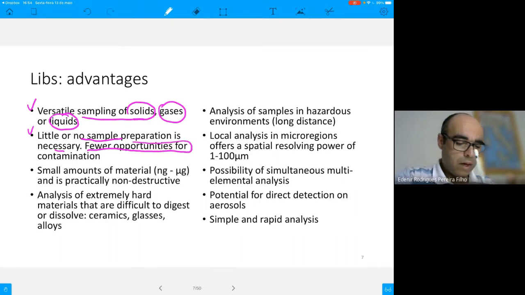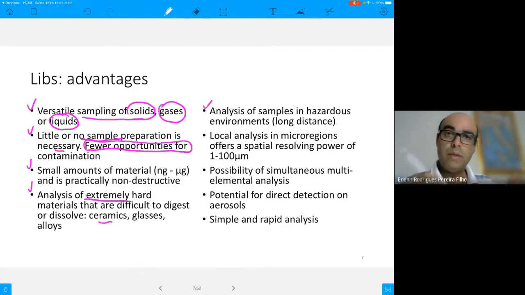Then, as the time for sample preparation is reduced, we have few opportunities for contamination. We need a small amount of sample. These samples can be conductive or non-conductive. We can analyze very hard samples like glasses, metals, alloys, ceramics.